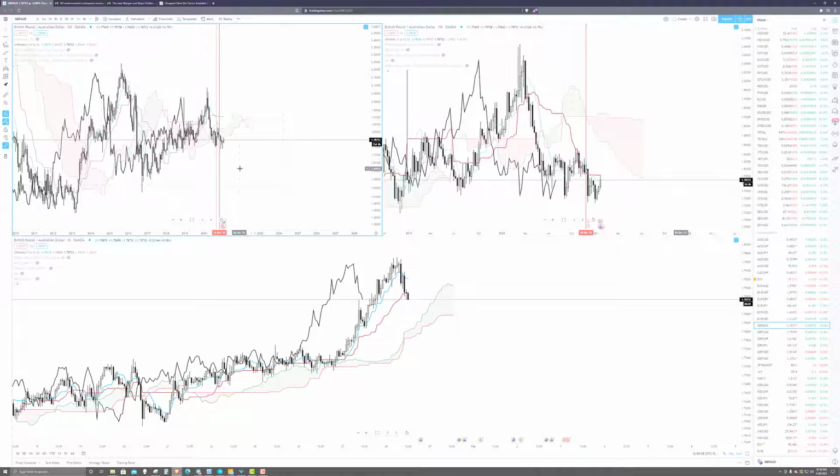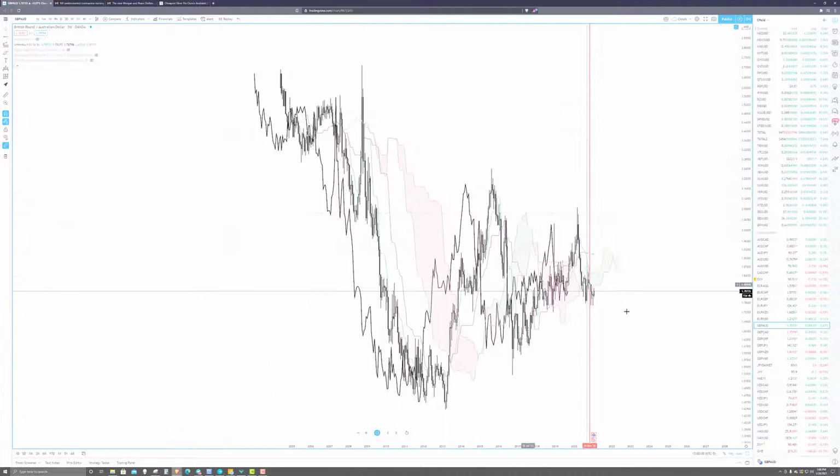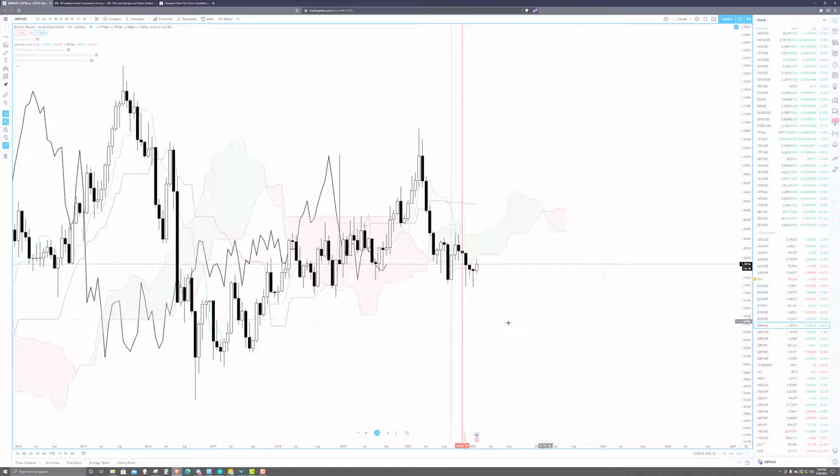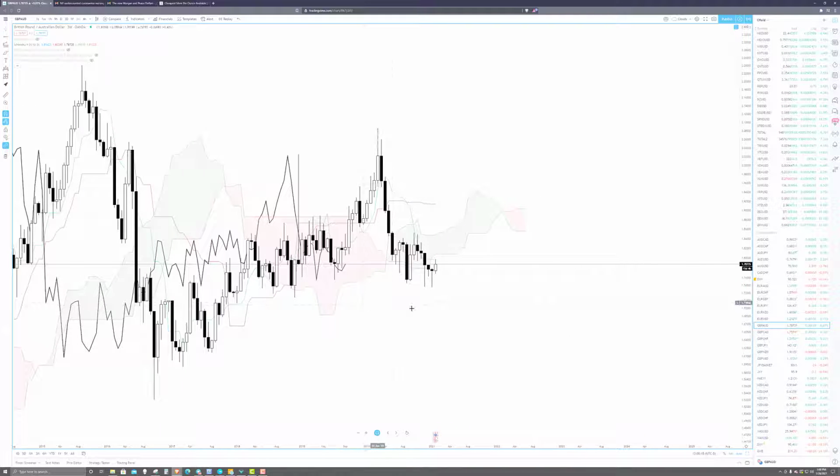All right, so first I want to take a look at my 3-week chart. I want to take a look if there's anything of note. I know I'm not trading inside the cloud, so that's great. My long-term time frame chart is the 3-week chart, and basically what I use the 3-week chart for is filtering my trades.